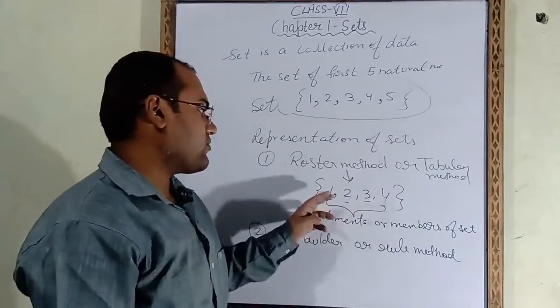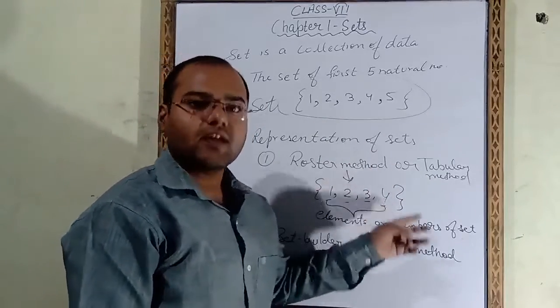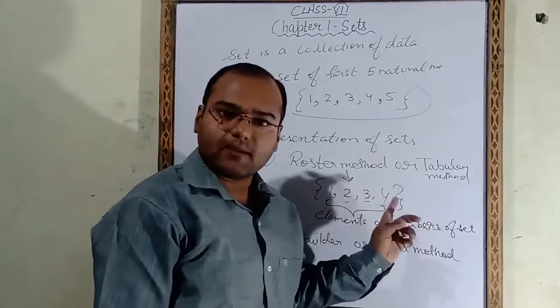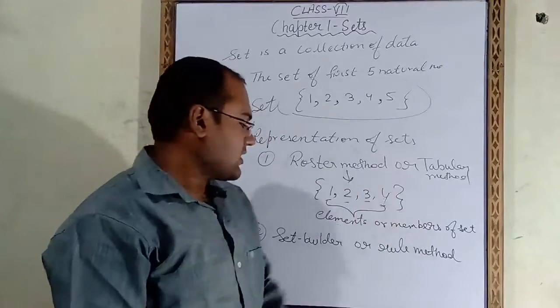In this method we have to represent all the numbers in the braces and separate them with the help of commas. Here we used commas. The numbers which we write inside these braces are all called elements or members of the set. So the first method is the roster or tabular method, in which we represent all the numbers inside the braces and separate them with commas.